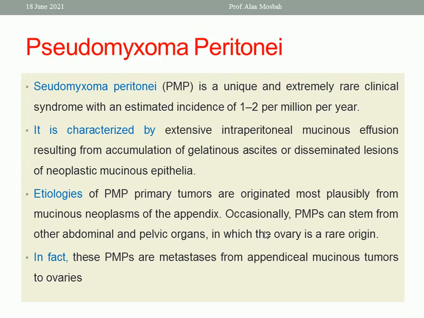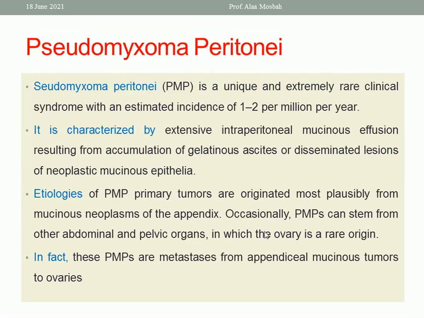What is the etiology? Many years ago, in the past, we suggested that ovarian mucinous cystadenoma is the cause of Pseudomyxoma peritonei. But actually, the primary site for this complication is the appendiceal mucinous cystadenoma.